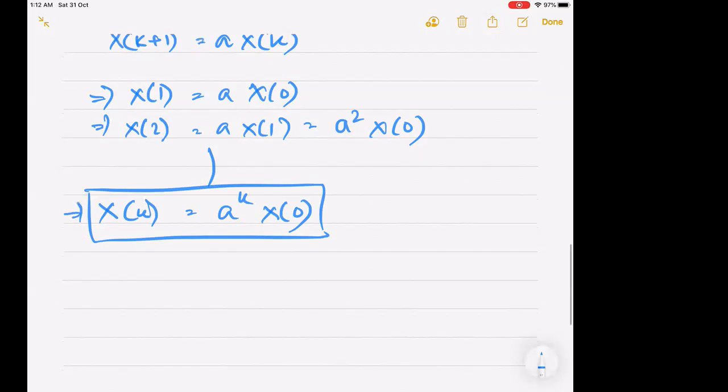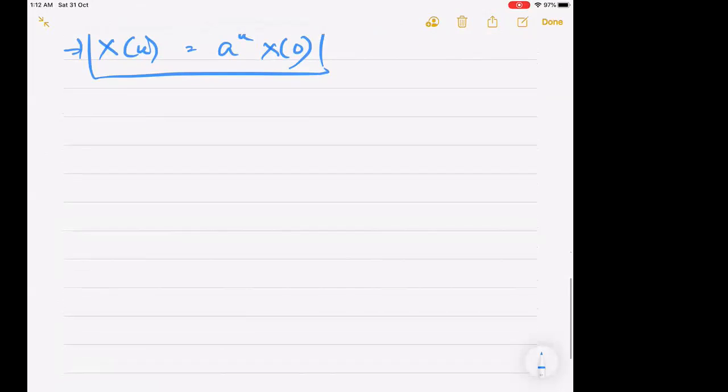The question is, what would happen when n is bigger than 1? So let us look at the next possible case, that is n equal to 2. And we're going to concentrate on the continuous situation here.